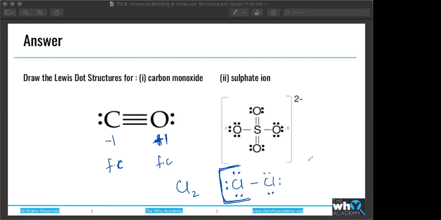The original is 7 valence electrons, minus 6 lone pair electrons, minus half of one shared pair, which is half of 2, is 1. So that is equal to 0. So this one has 0. Similarly, this chlorine will also have 0.